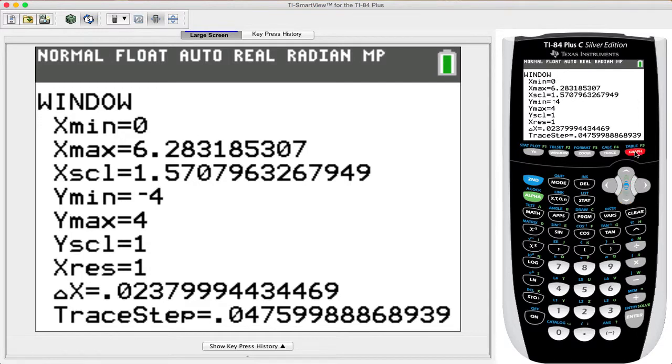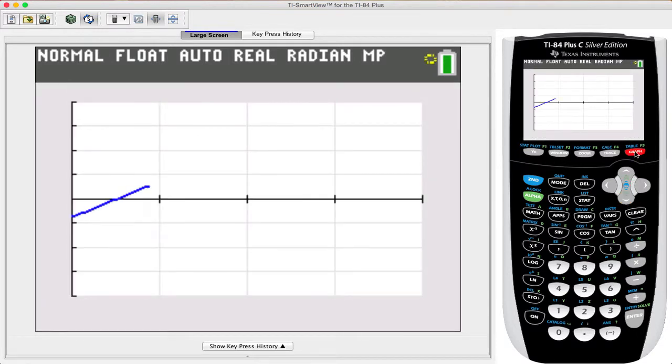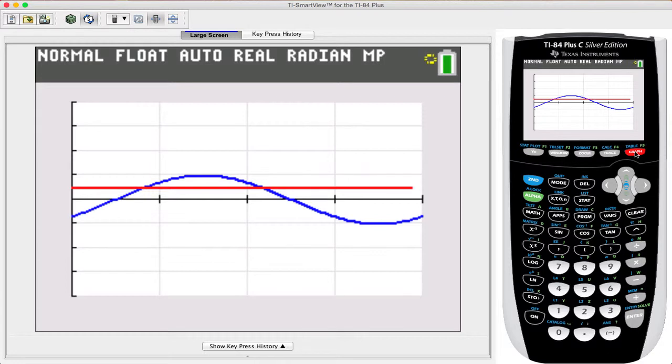And then let's go ahead and graph. Alright, we see the sine function graphed over that period. And now we see we have two intersections. These two intersections signify the solutions to this particular problem.